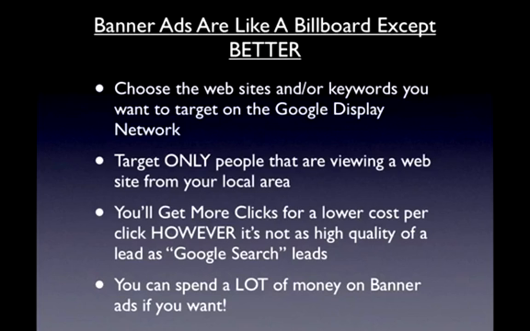So that's how it works with the keywords. If that keyword is on that page, then your banner would be triggered to show on that page if you target specific keywords. Or you could just choose a specific website, and then your banner will run on that specific website, if that website accepts Google Ads, of course. Not all websites do, but many do.